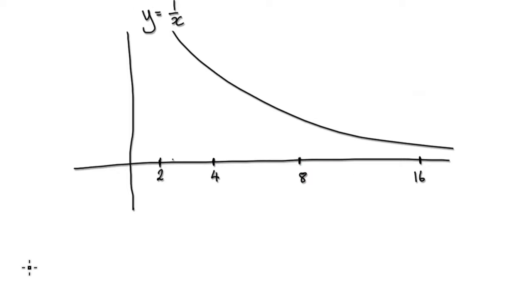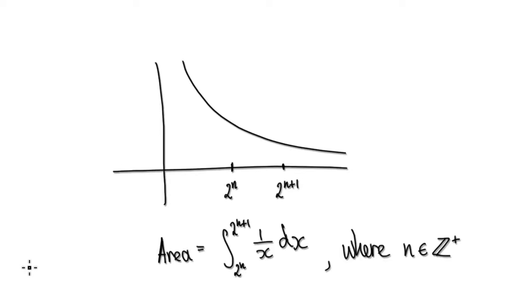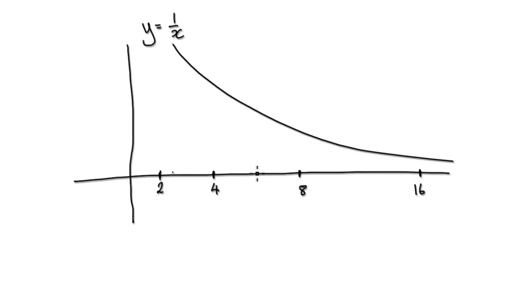Okay, so to do this, work out the area for any given 2 to the power of n, because you double each time. So for any given 2 to the power of n where n is a positive integer, for example, going back up here, this is 2 to the power of 1, this is 2 to the power of 2, this is 2 to the power of 3, this is 2 to the power of 4, and then the pattern goes on.